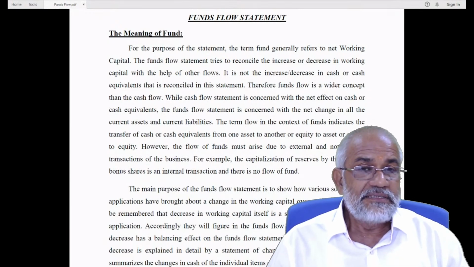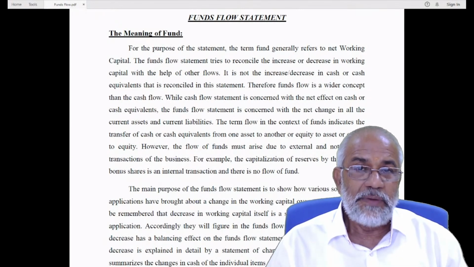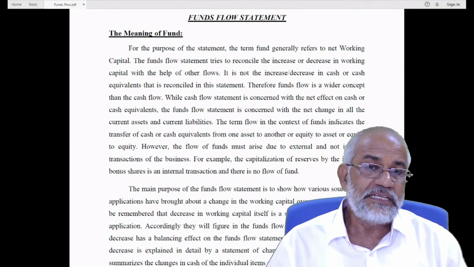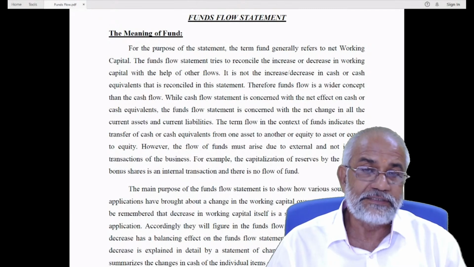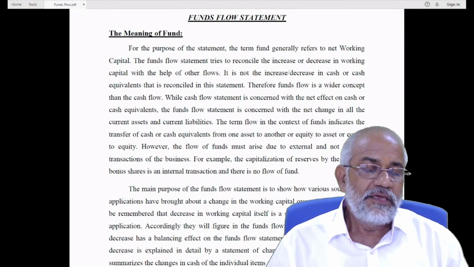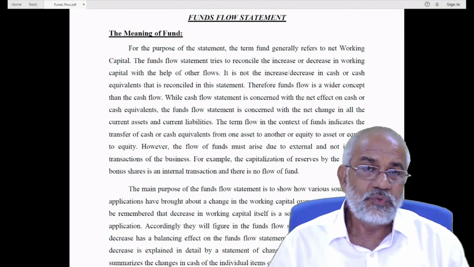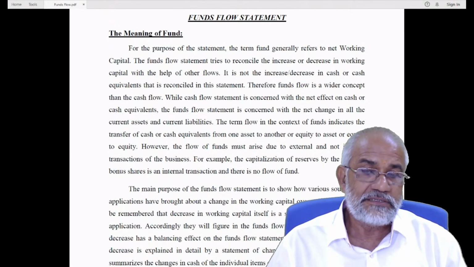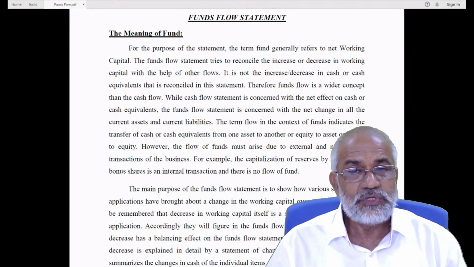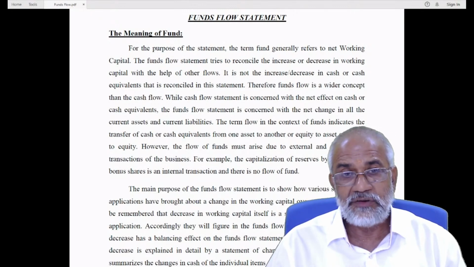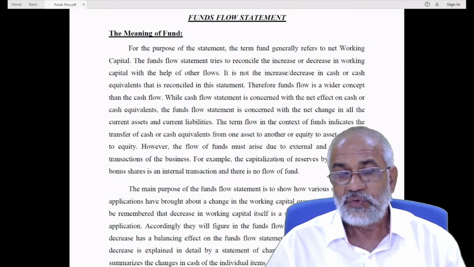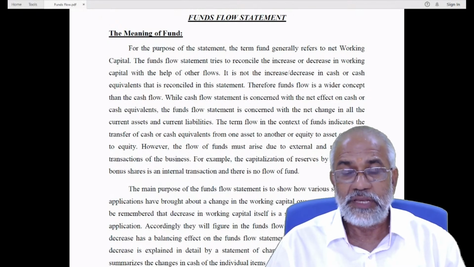So in that case, the cash balance is necessarily the fund of that particular person on that particular event. But if he has given a loan to somebody on a short-term basis, his cash balance will definitely reduce to the extent of the loan he has given to his friend or neighbor, which is to be collected from the borrower whenever he desires.